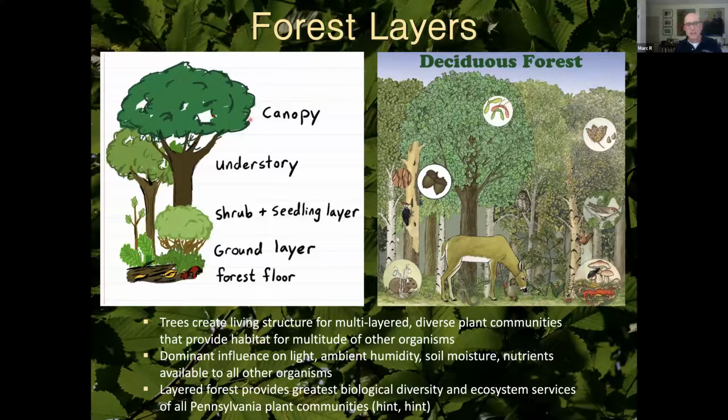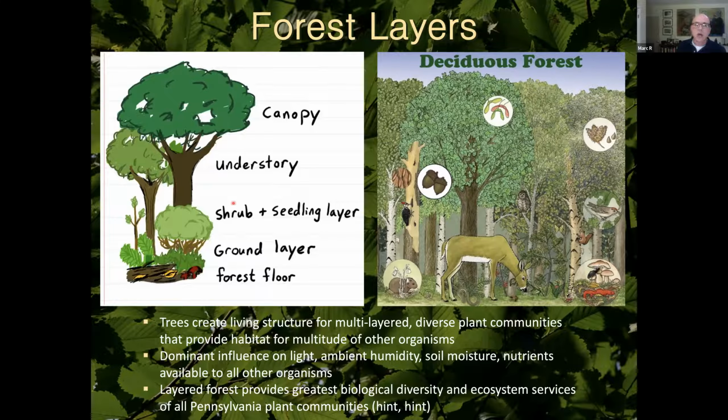And so the layers of a deciduous forest are the canopy, the highest layer, where the sun is directly hitting most of the foliage at the top. Then there's an understory tree layer of shorter, more shade-tolerant trees. And sometimes this understory includes the seedlings, and also any of the lower stories actually.